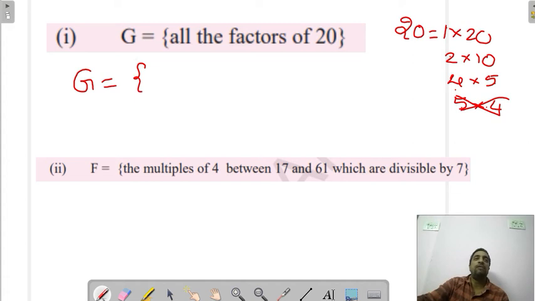So you write all these factors in the set: 1, 2, 4, 5, 10 and 20. Understand?